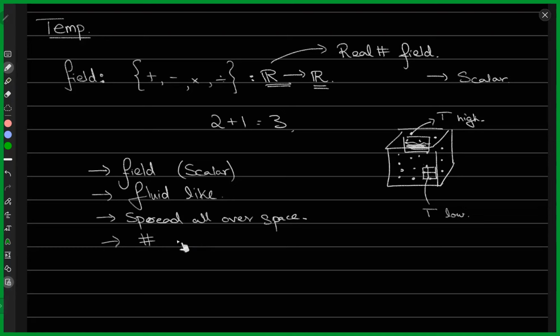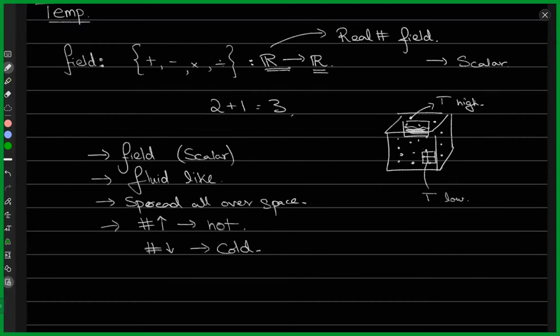Numbers that are high, meaning this arrow pointing upward means high, correspond to hotness, and numbers being small correspond to coldness. That's how you define temperature. Of course, then you can go into its philosophies and make more definitions and descriptions out of this. But this is really the most basic way you can define temperature.